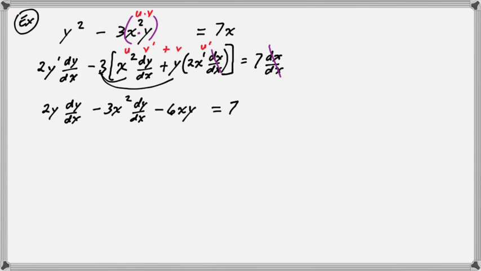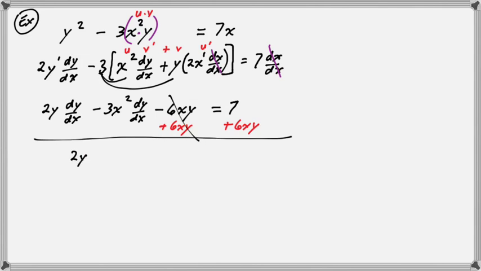Take the terms that do not have dy/dx and move them to the other side. So I'm going to add 6xy. Now both terms that remain have a dy/dx. On the right, I have 7 plus 6xy. Can I factor the dy/dx out on the left?